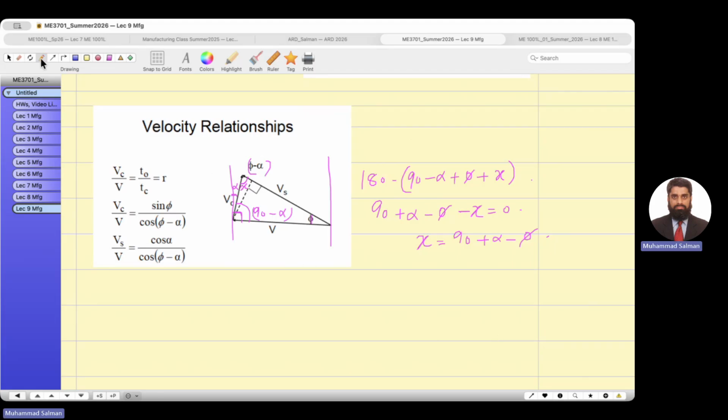If you do the math here, x equals this one. So you can also do this: 90 plus 90 minus alpha plus x.